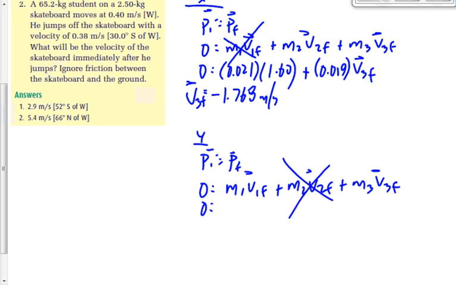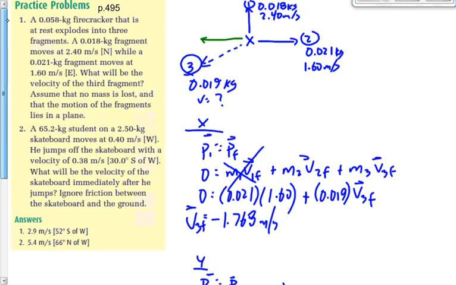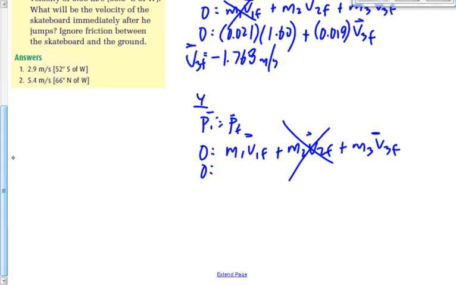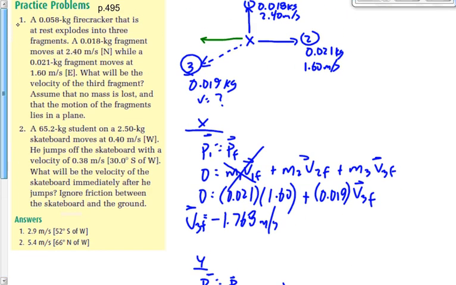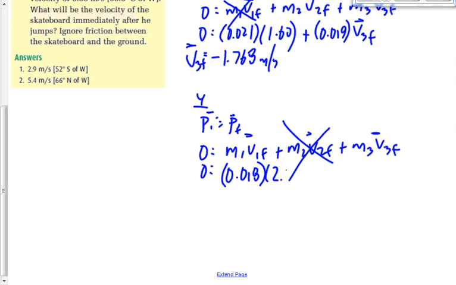m1 was 0.018 times 2.4, I think it was. Yeah, times 2.40 meters per second. Plus m3 times v3f. Let's solve for v3f now.